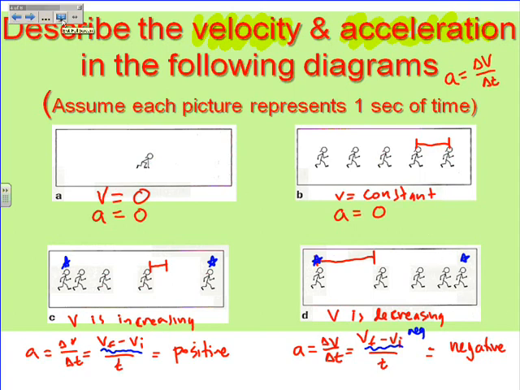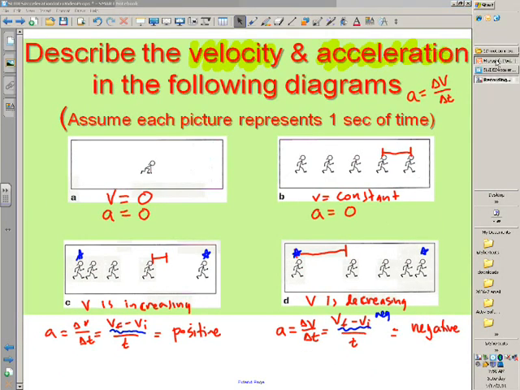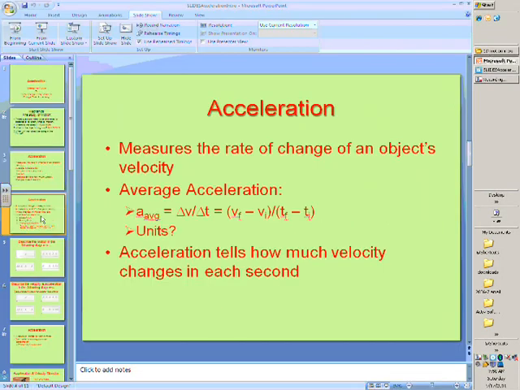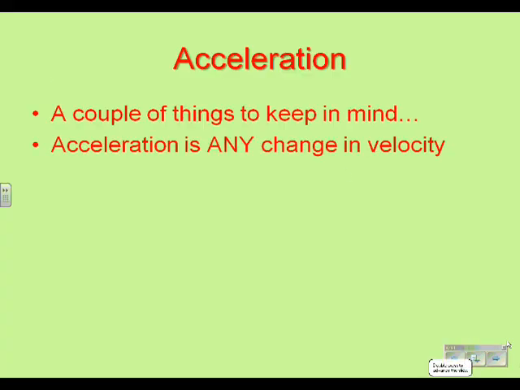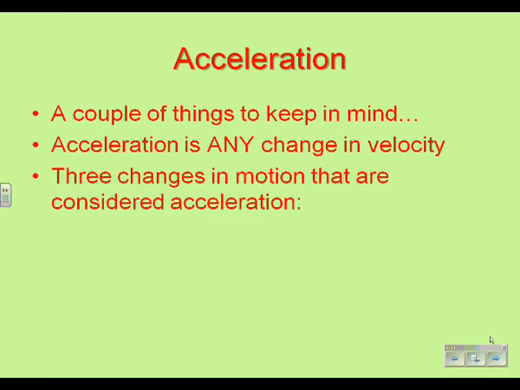There's a couple of things I want to make on this, summarizing this up. First, acceleration is defined as any change in velocity over a time interval. And that can encompass three things. First, things that are speeding up are acceleration.